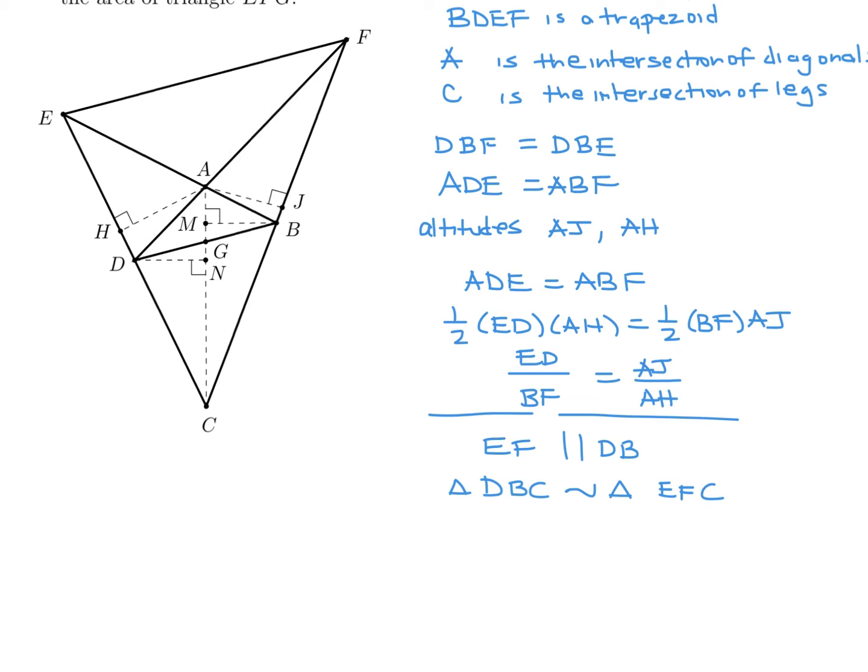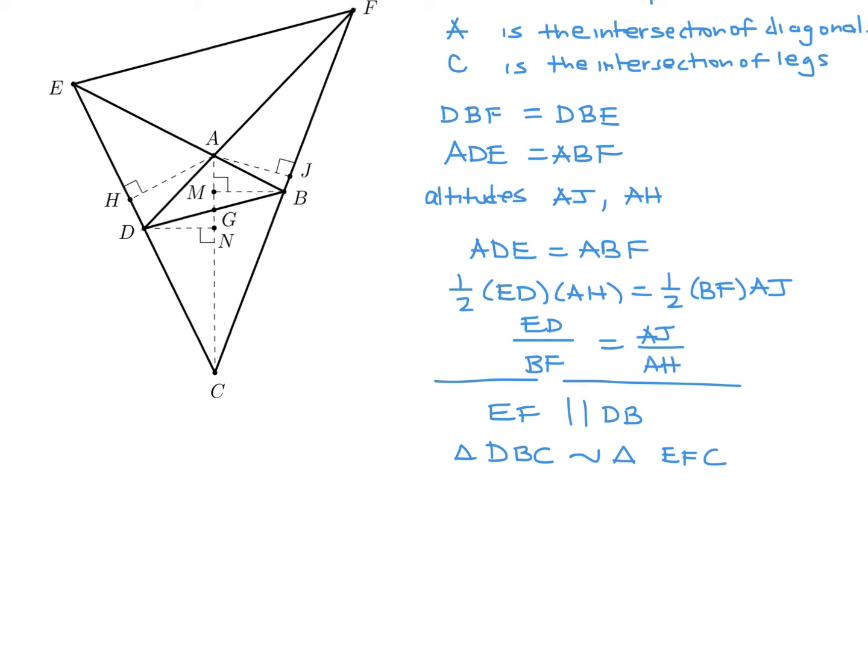All right. So now we've got to use similar triangles to get some sort of a relationship. So I can conclude that DC over EC is the same as BC over the whole thing FC.